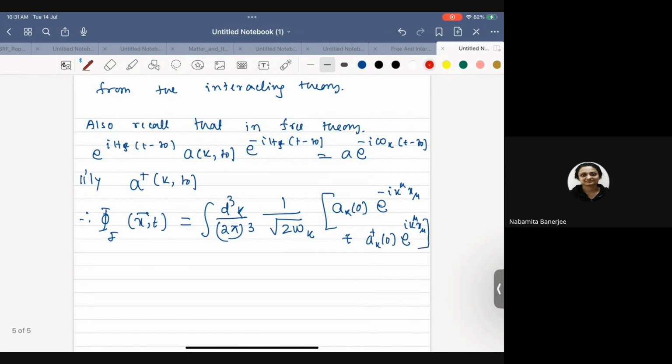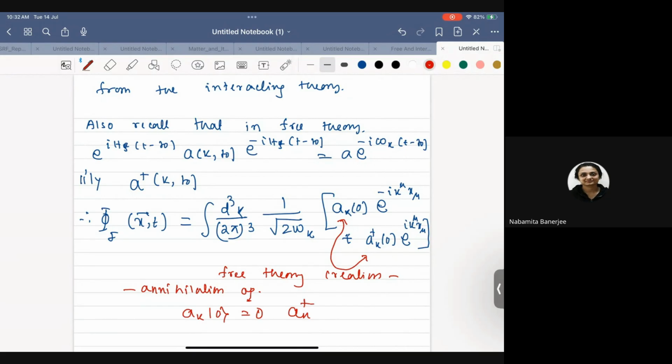The best part is that this A and A dagger are free theory creation and annihilation operators. By that I mean A_k on the vacuum 0 is 0, and A_k dagger on 0 is some state, up to a factor of square root of 2 omega k probably.